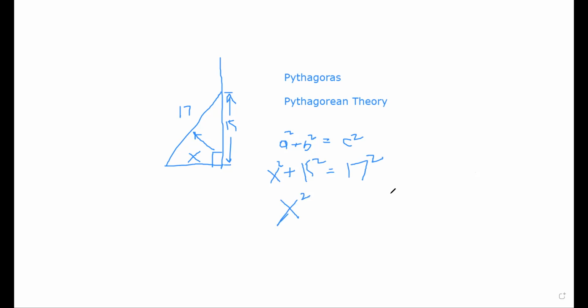Now you just solve for X. 15 squared is 225. I don't know what 17 squared is. 289. Subtract 225 from 289. I bet you this comes out even.